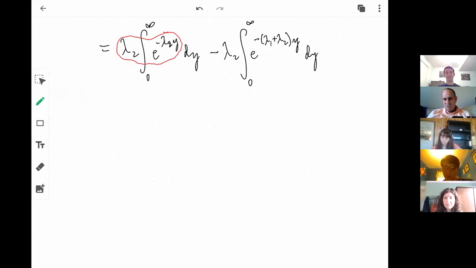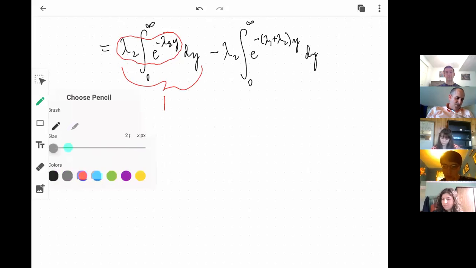Why is that pertinent? Well, what is that going to integrate to if I go from 0 to infinity? That's the entire range of y. What's that going to end up being? 1. Yeah, that guy's just 1.